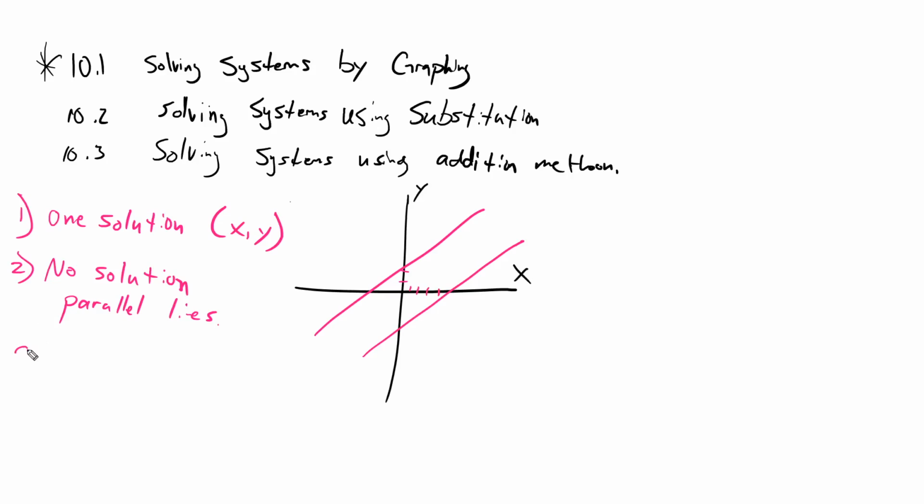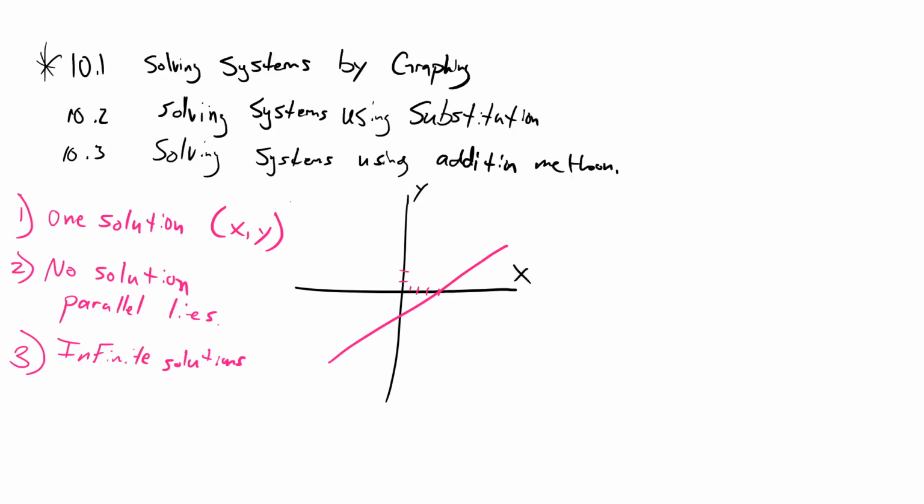And then 3, we have something called infinite solutions. All right. Now, infinite solutions would exist when you graph 2 lines and you end up graphing the same line. And I'm going to show you an example of that. But the idea is, you graph 1 line, all right?